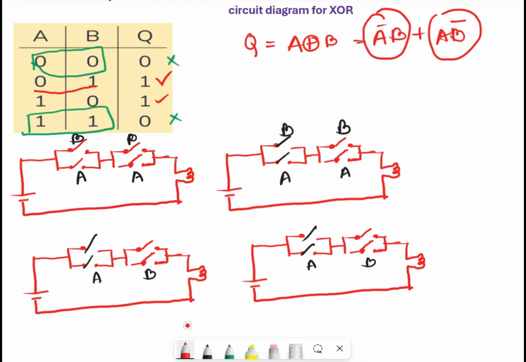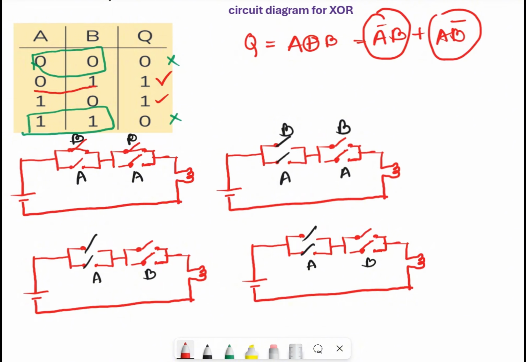Now it's time to put down the values of 0 and 1. Let's put the value of A as 0. It means it will be open, and B is 1. It means this is open and this is closed, and again A is open and B is closed.